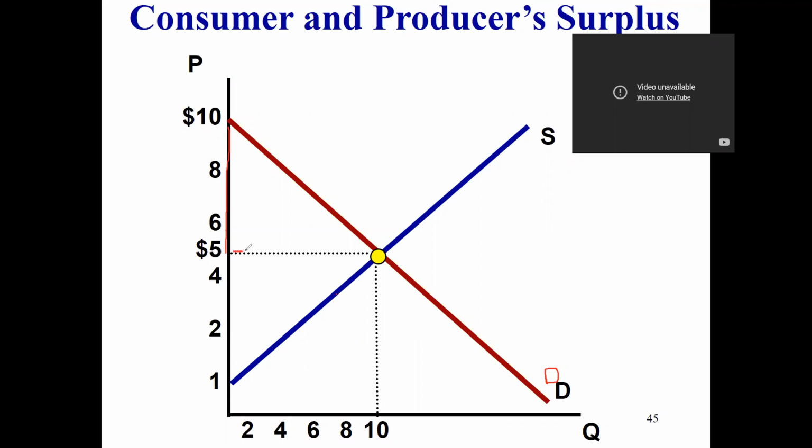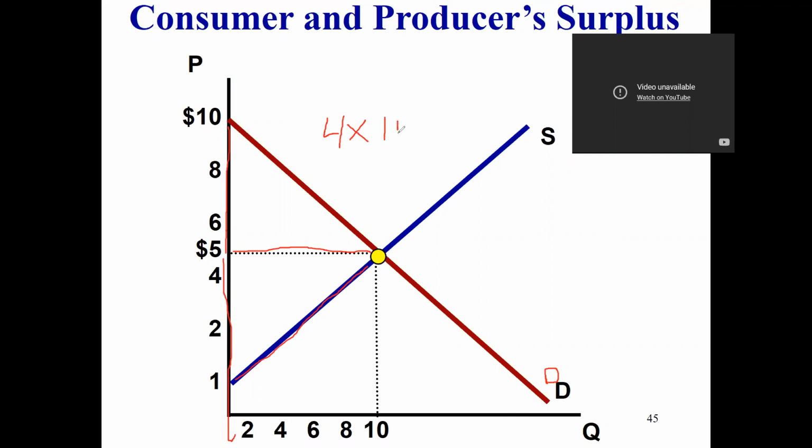So here's the triangle. I said it's below the price and above supply. So the height is 5 minus 1, which would give you 4. The base is going to be 10 again. So 4 times 10 is going to give you 40.